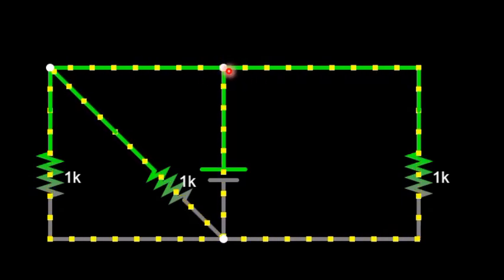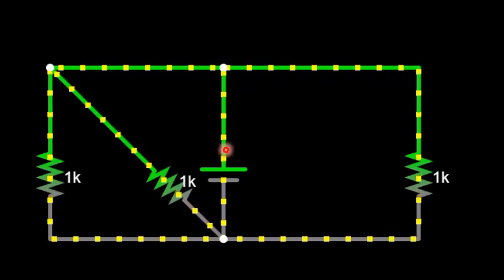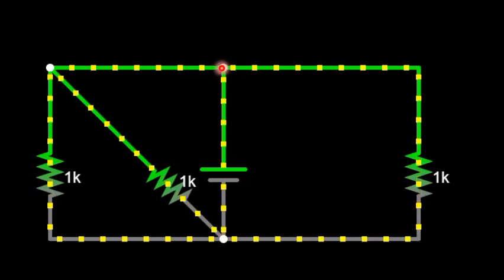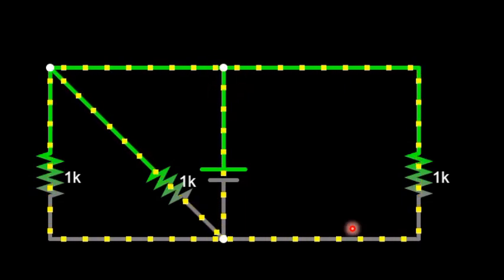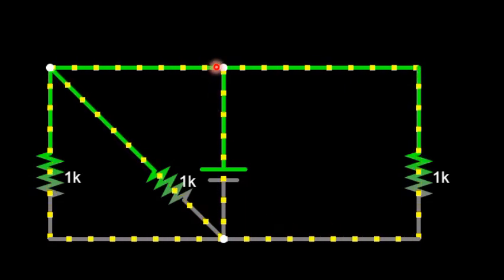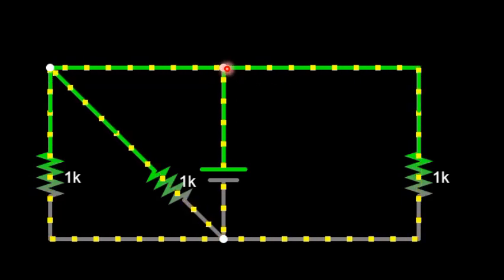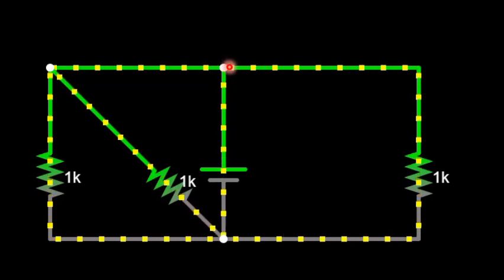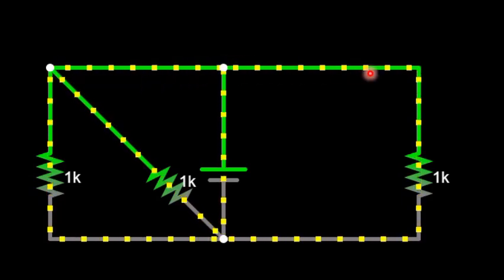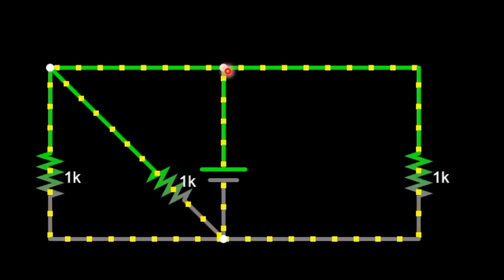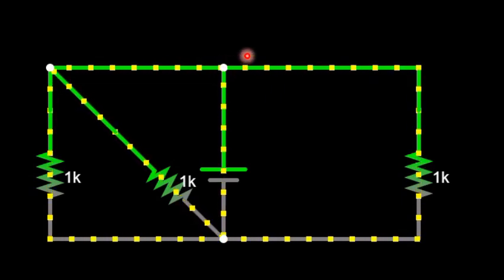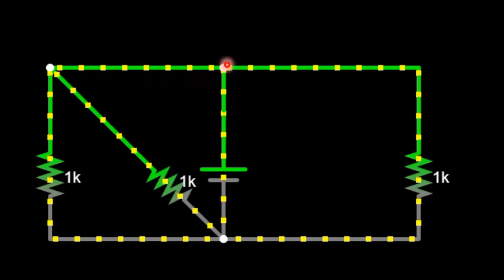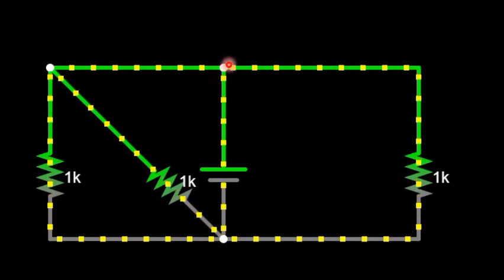Because if it was in series, it wouldn't have had a choice. All the current would have moved to one side and all the way back. But at this point, it has a choice either to go to the left or to the right. That is why they say a junction is a point where current splits or divides.